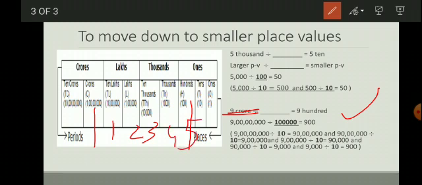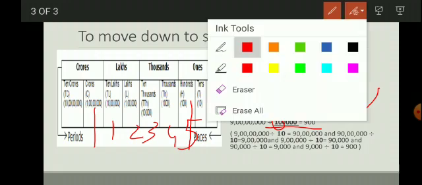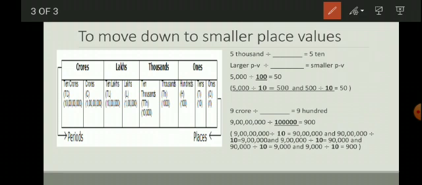So you have taken here, see children, 5 zeros, 1, 2, 3, 4, 5 followed by 1. So 9 crore divided by 1 lakh, 5 zeros followed by 1, means how much? 1 lakh, right? So 9 crore divided by 1 lakh is equal to 900.